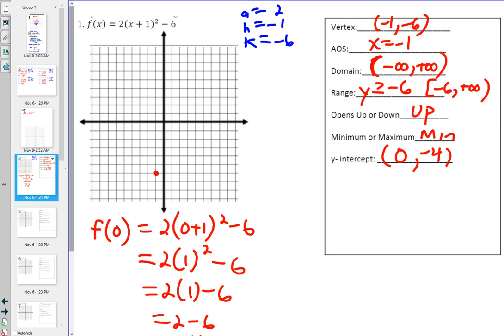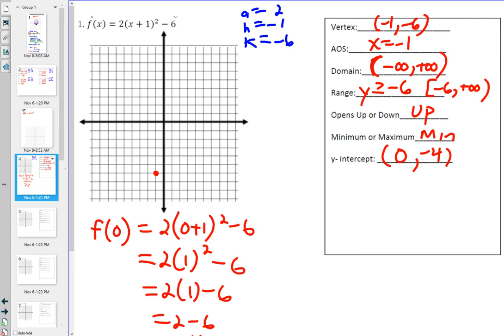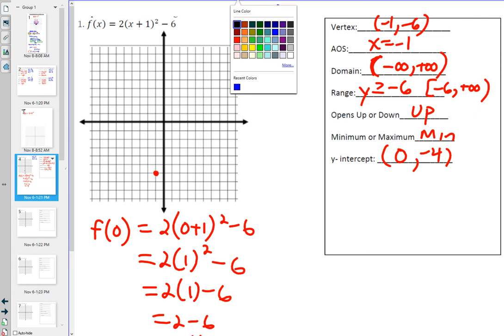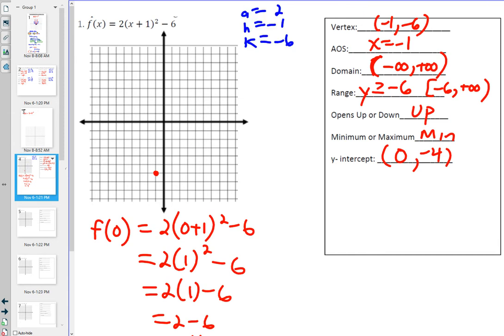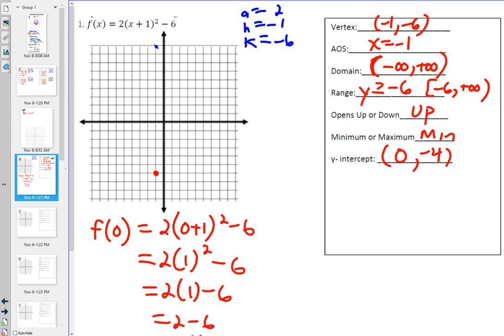Now remember that the axis of symmetry, just like yesterday, goes right on top of the vertex.